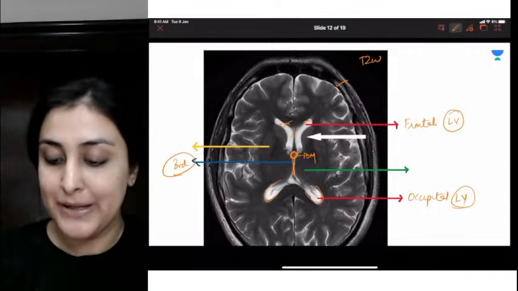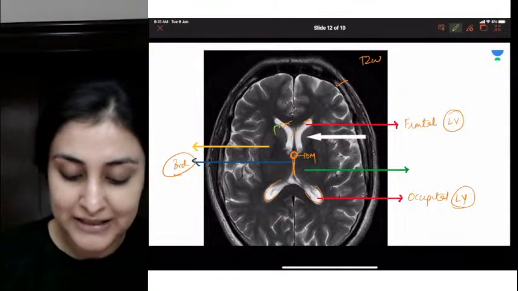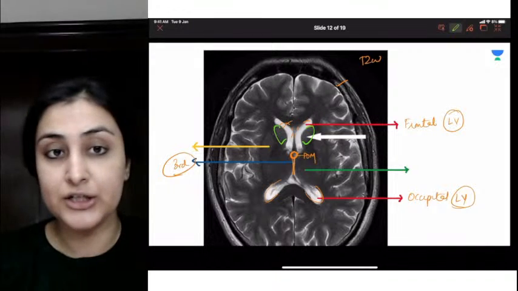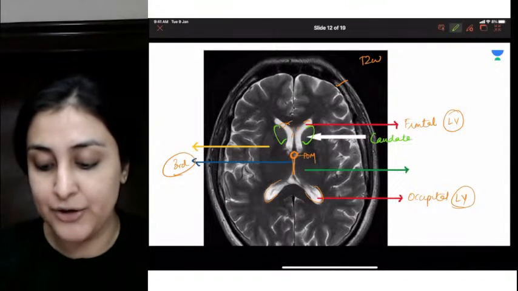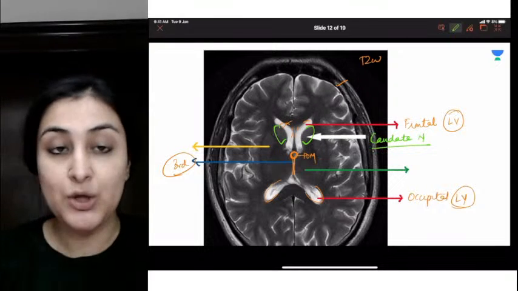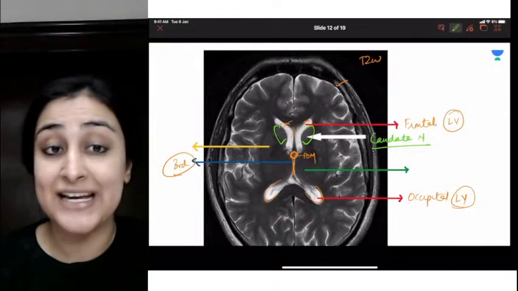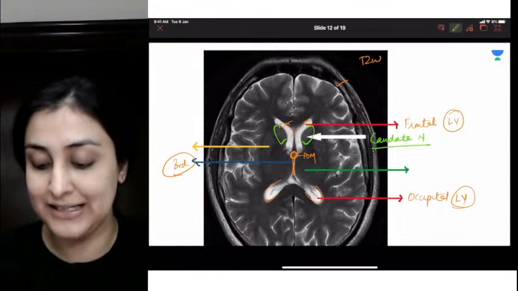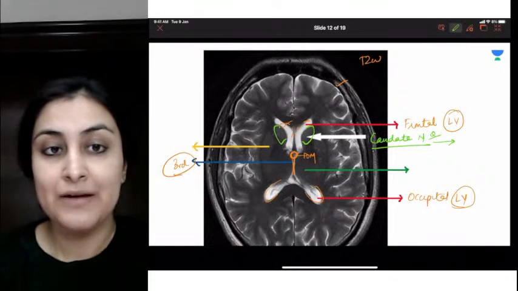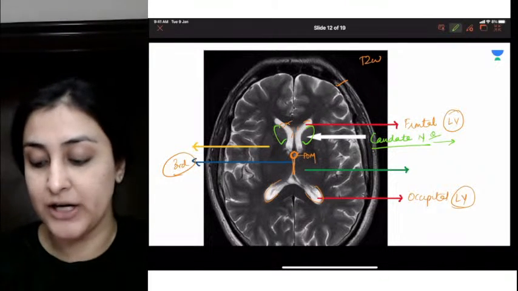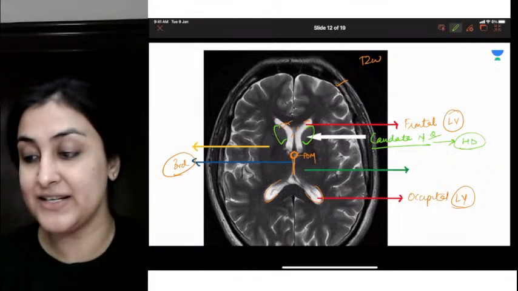Now going on to the basal ganglia, what do we have here? Bordering near the frontal horns is the head of caudate. So the white arrow showing us the head of caudate nucleus. Pathology where caudate nucleus undergoes atrophy. What is that pathology? And tell me the trinucleotide repeat if you can. So we have Huntington's chorea, right? So Huntington's chorea will have caudate atrophy.